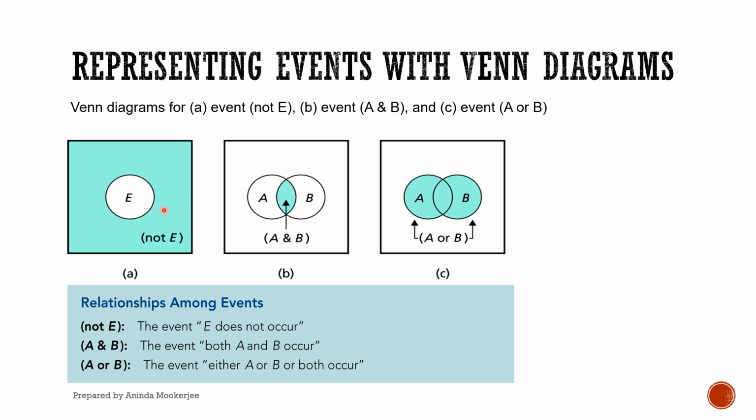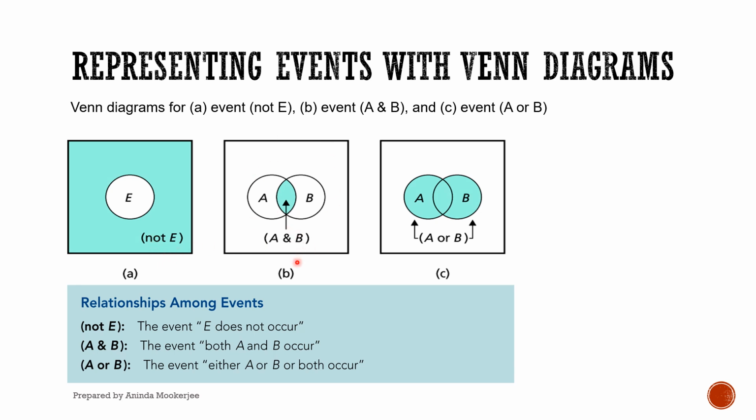What they're trying to say is not E means that E does not occur, but all the other possible outcomes can occur. All right, so that's what not E means.